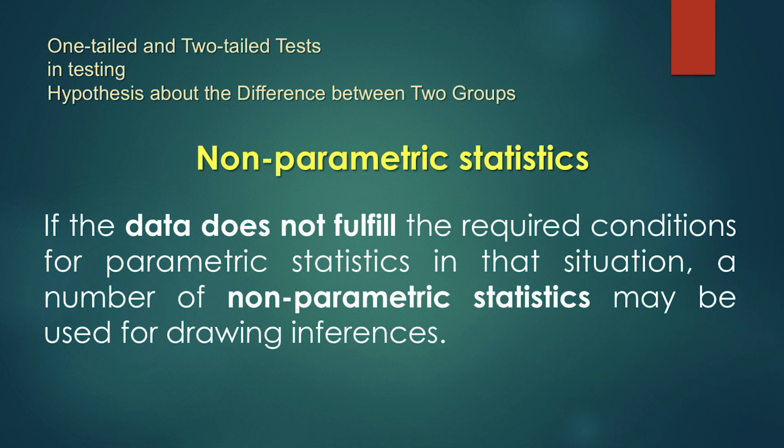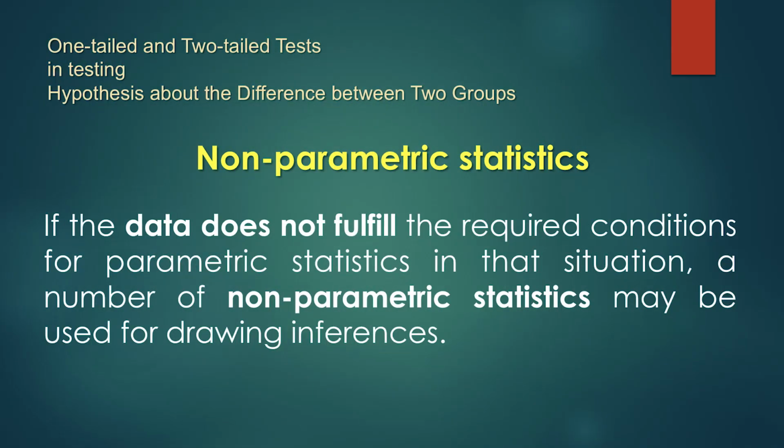Restricting myself to the main track, I simply told them that there are some non-parametric statistics as well, which may be used in the cases where such conditions are not fulfilled. At that time I instructed them to stick to their studies only, as both of them were fulfilling the criteria for a parametric test.